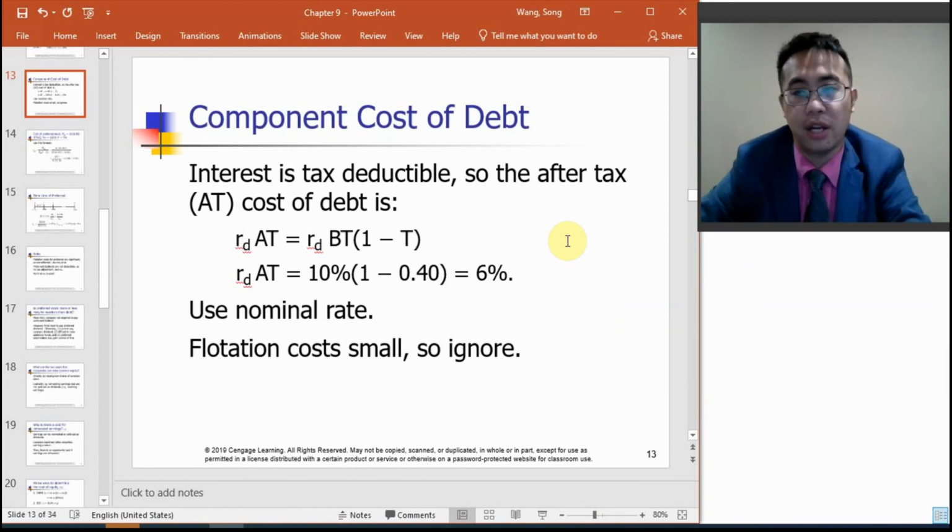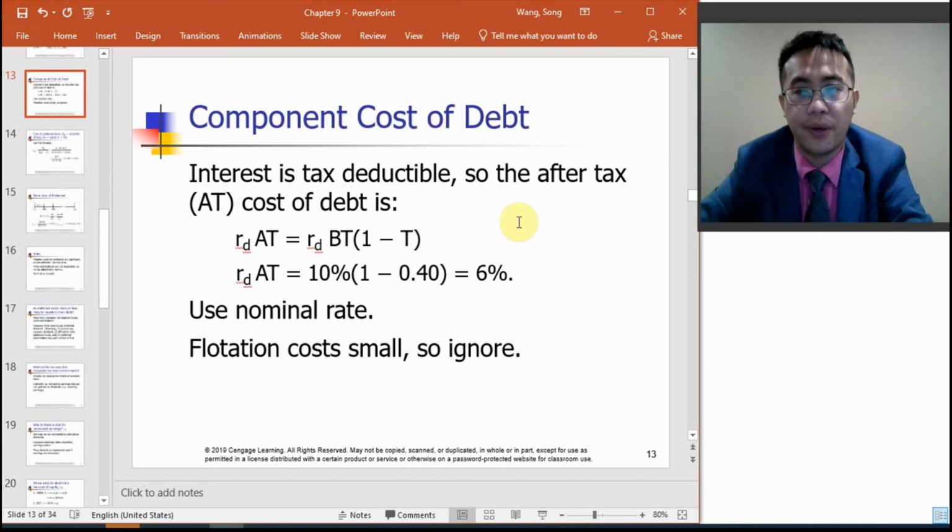So this is how the financial market goes. The financial intermediaries, like these banks, provide services for offering the securities to the market. They help the firm to sell the securities, and in exchange, they will charge a flotation fee. So what do we need to do with the flotation cost in this chapter?